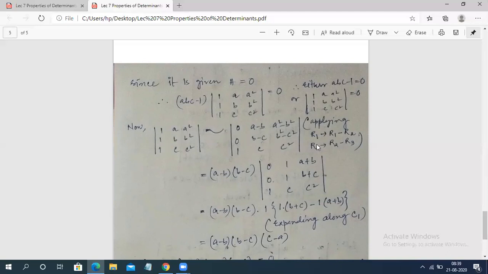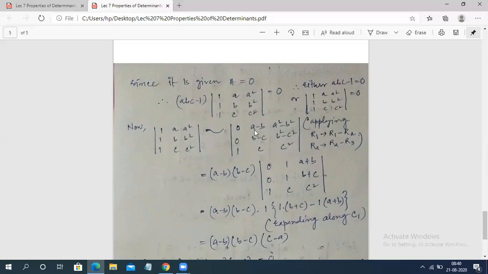After applying this transformation, we have this determinant: 0, A minus B, A square minus B square. Again R2 is changed to R2 minus R3, that is 0, B minus C, B square minus C square. There is no change in R3, so write it as 1, C, C square.